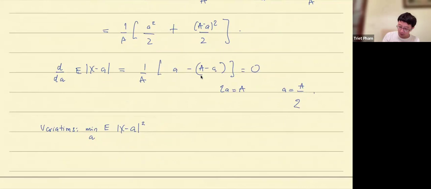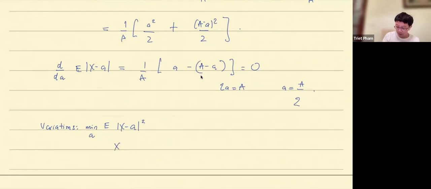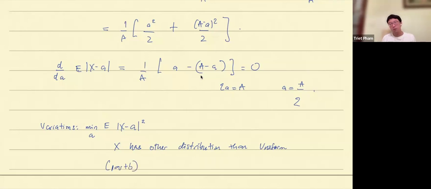The second variation is that X has some other distribution rather than a uniform. This is a more interesting choice, and it is part B of this question, which we'll look at soon after we cover the exponential distribution.